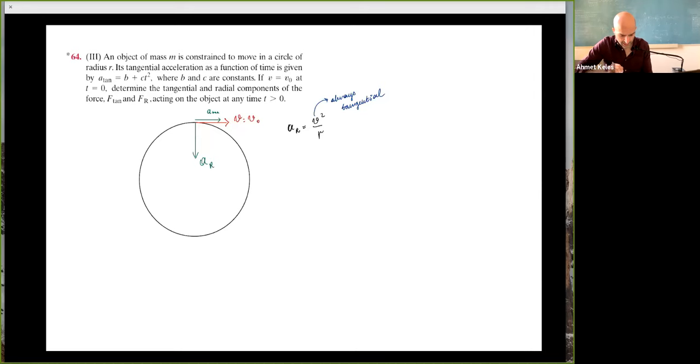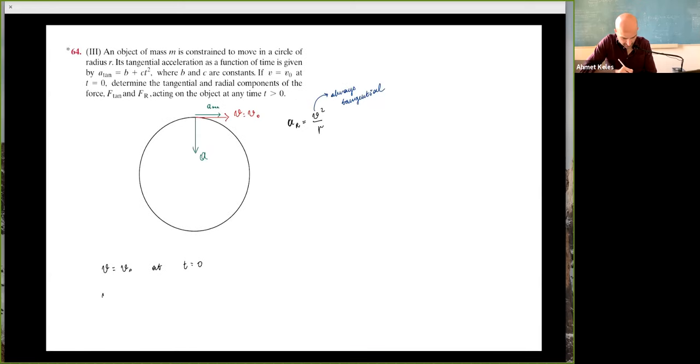Now I need to calculate v at a later time. So v is equal to v naught at t equal to 0. Then v is equal to v naught plus a times t.